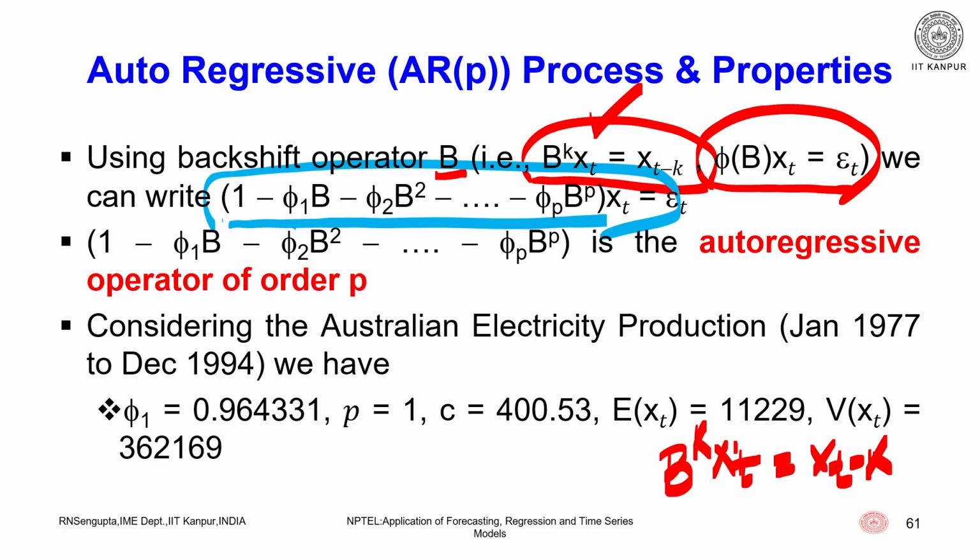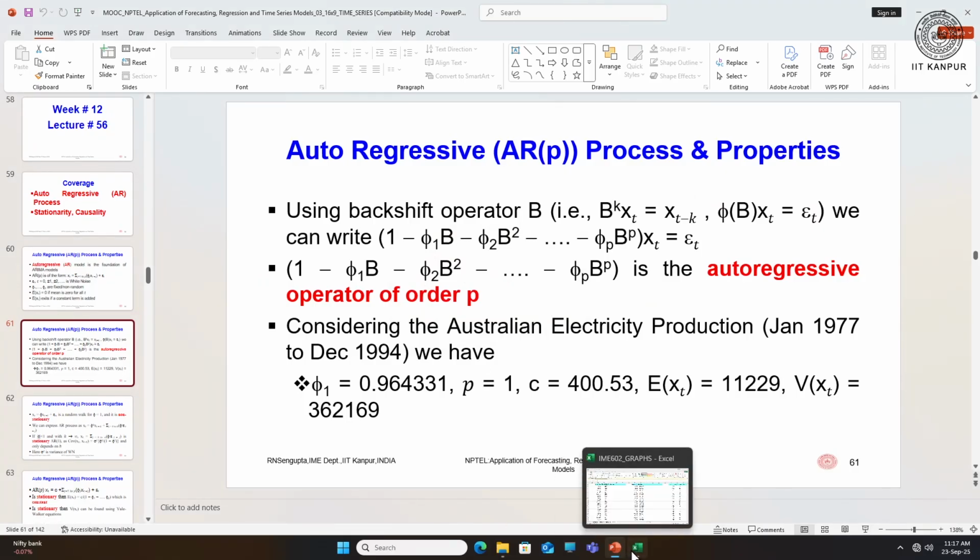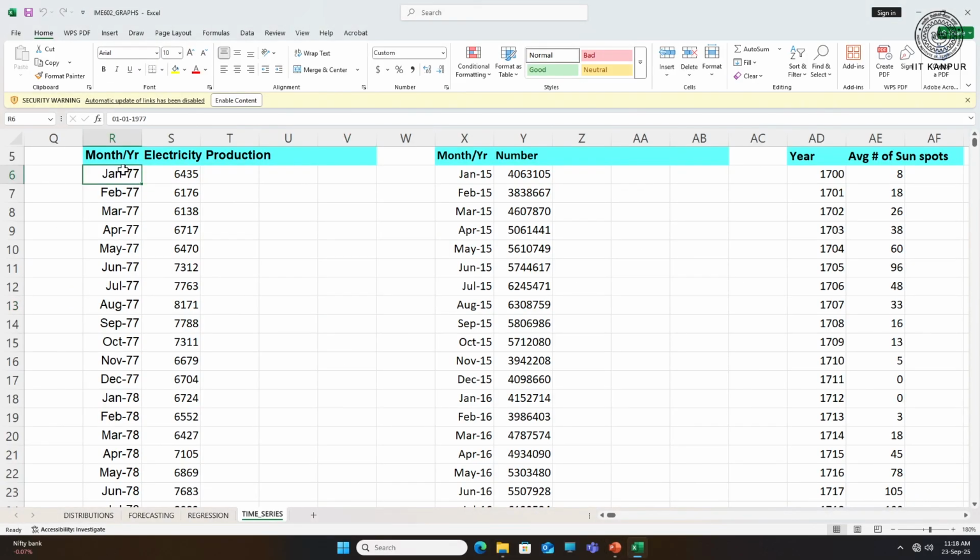Now, if I go into the Australian electricity production, I will only give you the results. This is in the Excel sheet which I shared in the last set of classes. As we have done for the forecasting one, we will share the slides along with the Excel sheet for time series.